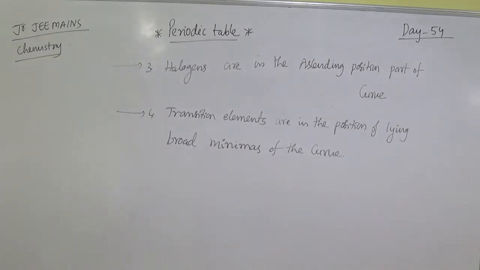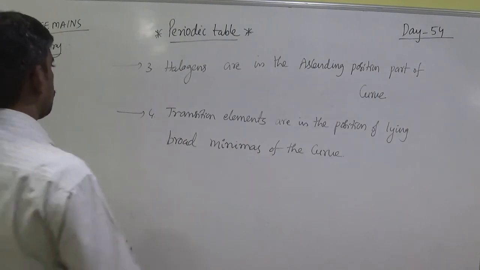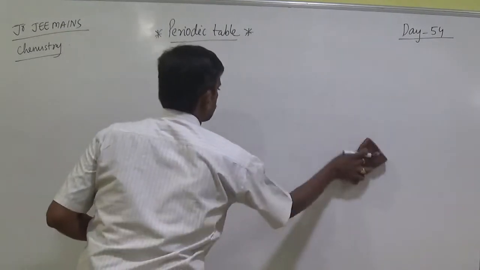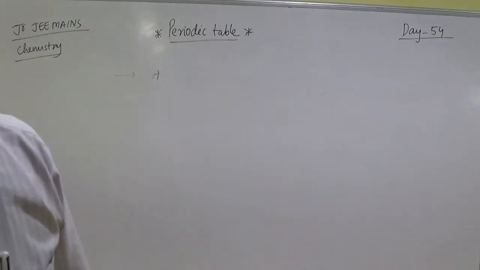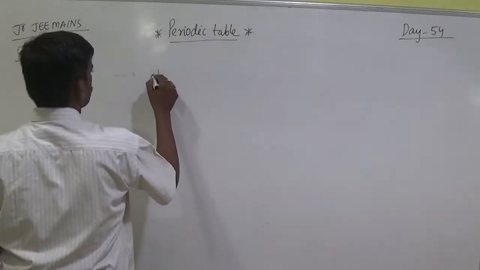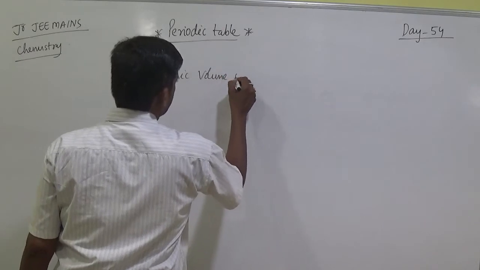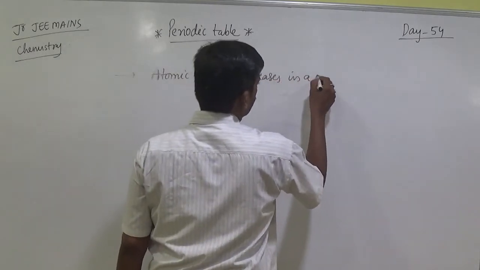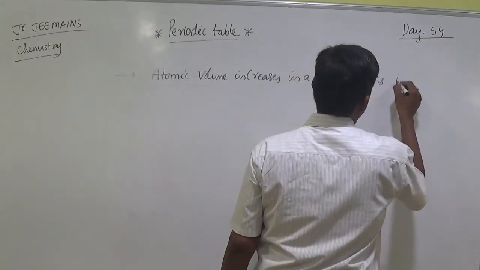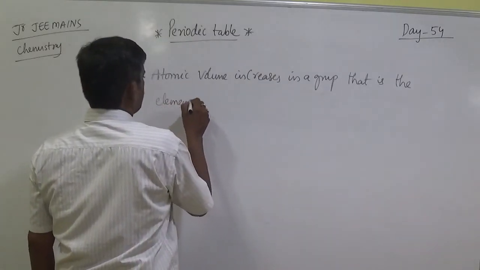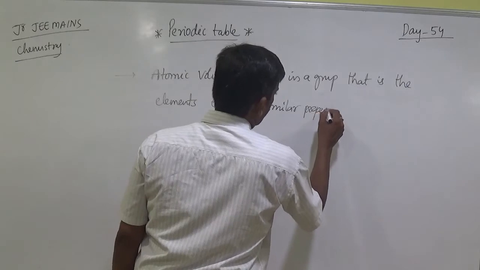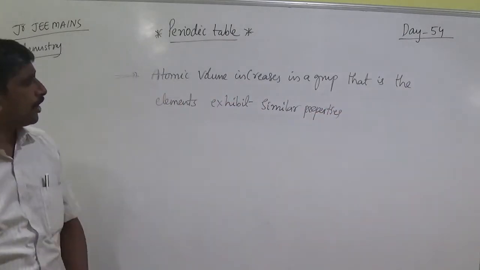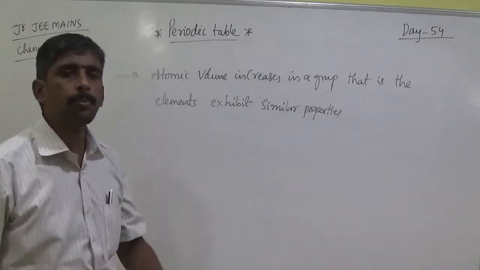Write down: atomic volume increases in a group, that is, the elements exhibit similar properties.